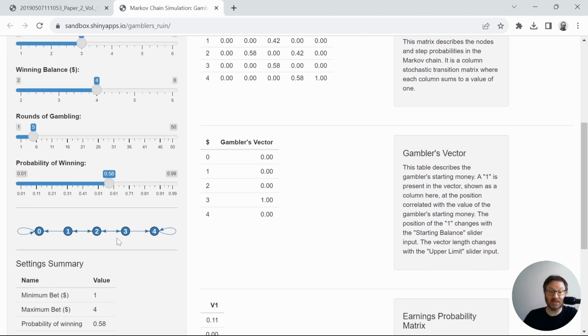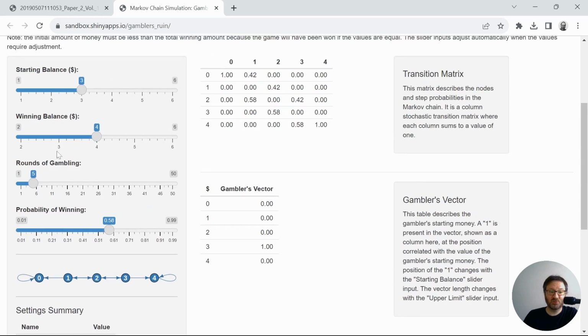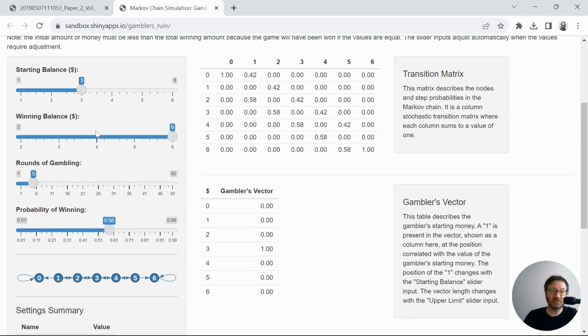And you can notice that the network here has been updated as well. If you were to do 5 rounds of gambling and you had a winning balance of 6 for the maximum there, and you started with, say, $1, this is the transition matrix, which you can see is much larger now, but it follows the same pattern.